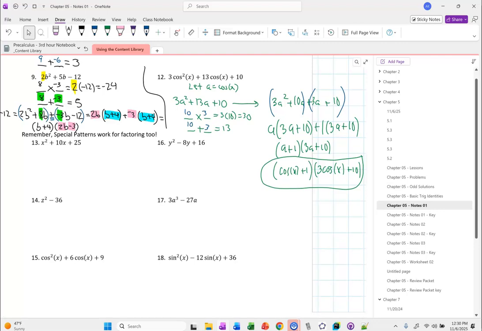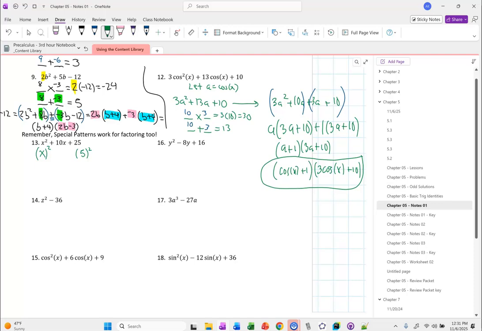Now, these special multiplication patterns work backwards too as factoring tools. If I look at x squared plus 10x plus 25, I observe that the last number, 25, is a perfect square, and the first term, x squared, is a perfect square.